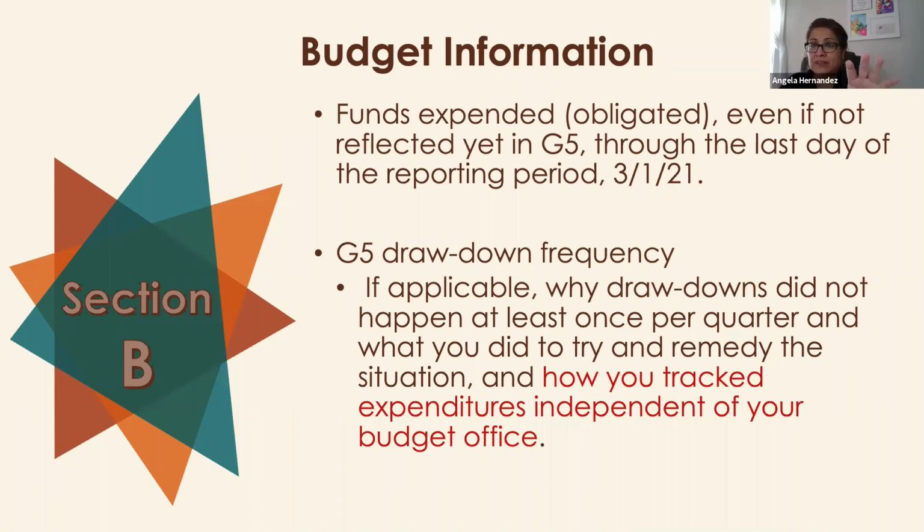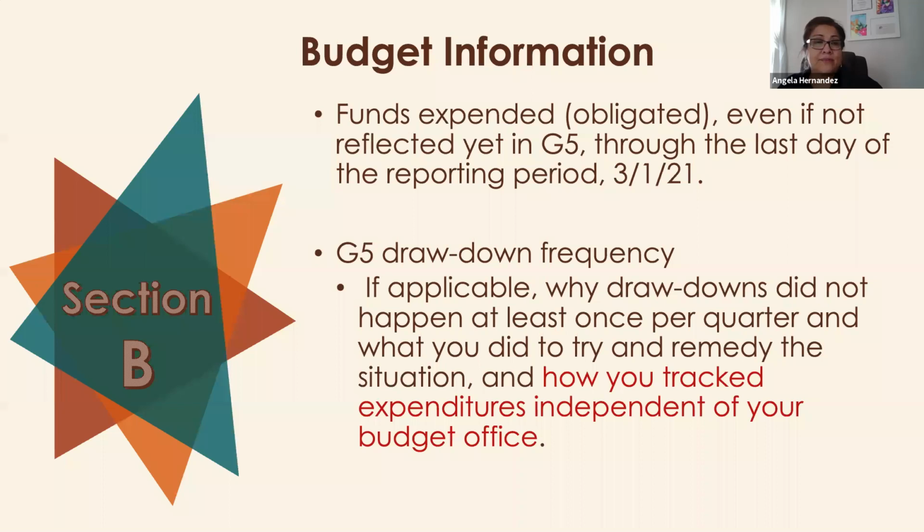But for budget information purposes, I want to be sure everything drawn down in G5, everything obligated but maybe not yet drawn down in G5 through March 1st. And then 3, any explanation to that helps to clarify why drawdowns haven't been happening at least once a quarter, if that in fact is the case for your particular grant.